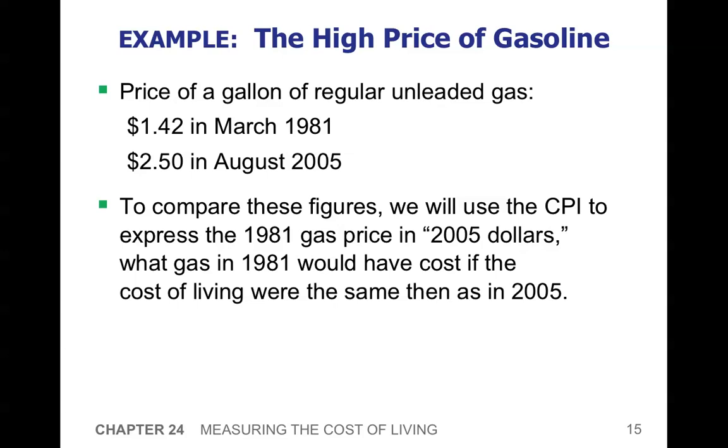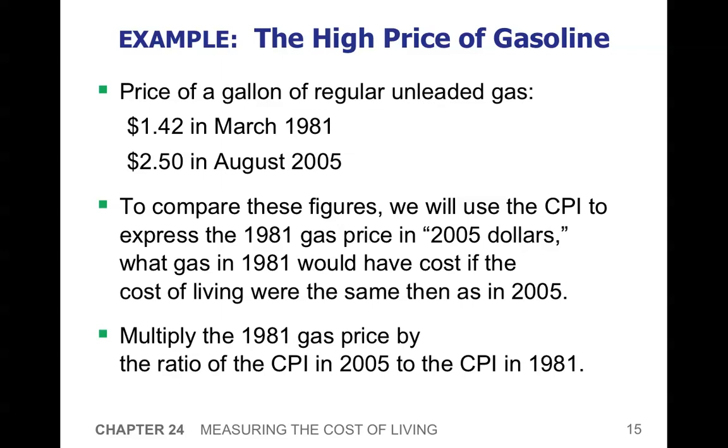What gas in 1981 would have cost if the cost of living were the same then as in 2005. So, in other words, we're going to keep the purchasing power of the dollars constant and see what the true gas price was in, let's say, 2005 dollars. So either we could do it in 1981 dollars or in 2005 dollars.